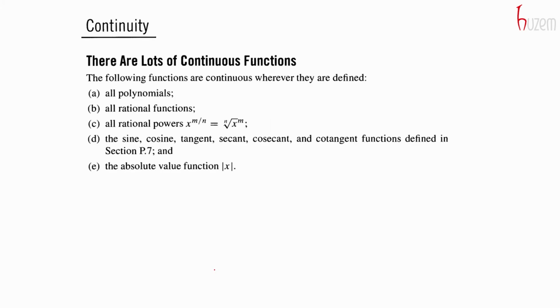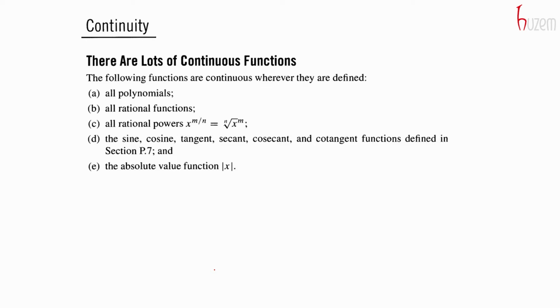There are lots of continuous functions. For instance, all polynomials are continuous because they are defined everywhere and their limits coincide with the values at the point. So they are always continuous.